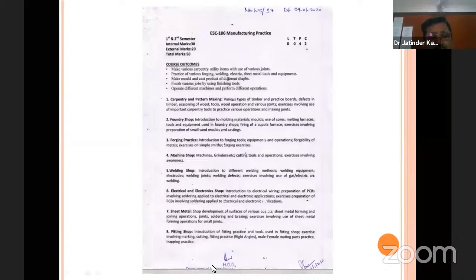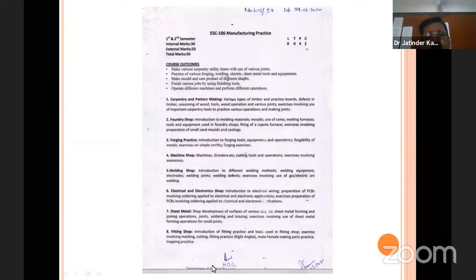Same thing: you take a metallic component, heat it up to about 1000 or 1200 degrees, and allow it to cool in the air. You will see that the metallic piece is not brittle, right?